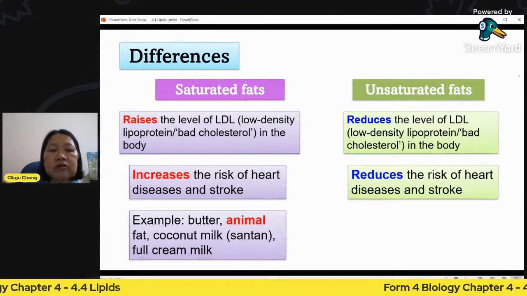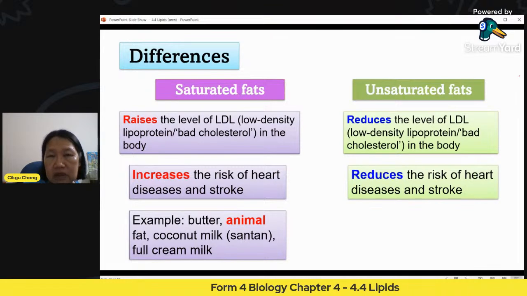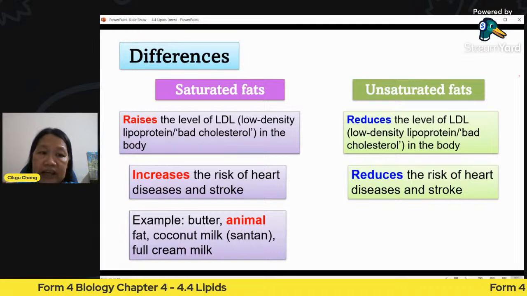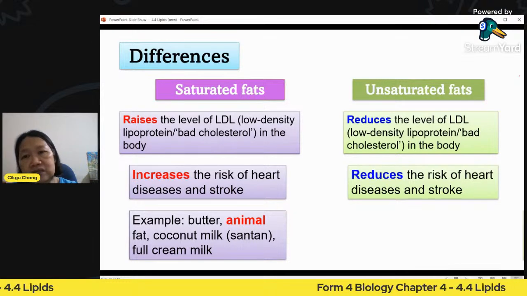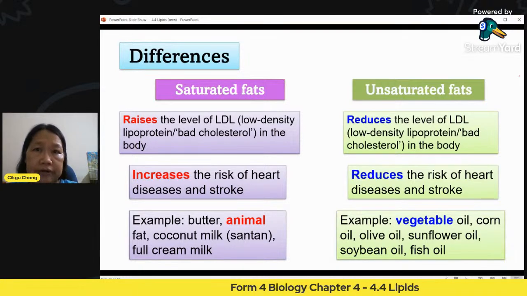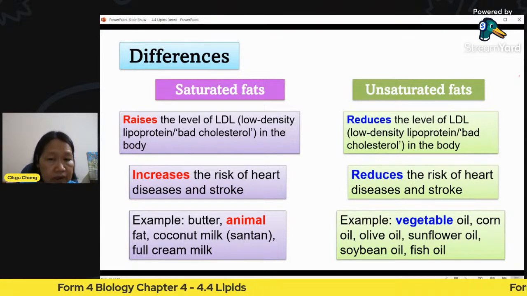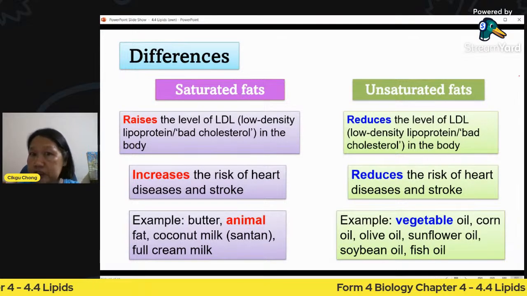Full cream milk, because you have not separated the fat from the milk, is a high content of fat in the milk. So this is from animal, of course. And for unsaturated fat, go for vegetable oils: corn oil, olive oil, sunflower oil, soybean oil. And with the exception, this is animal, fish oil.